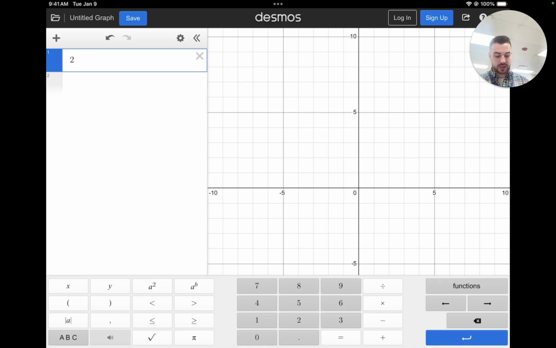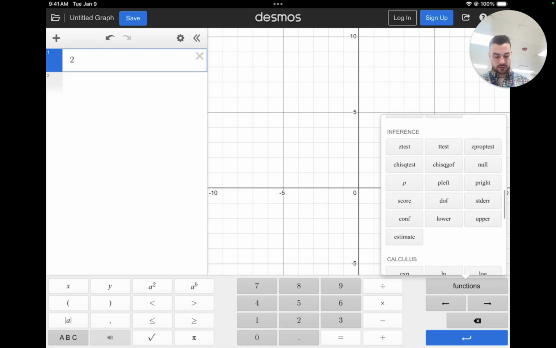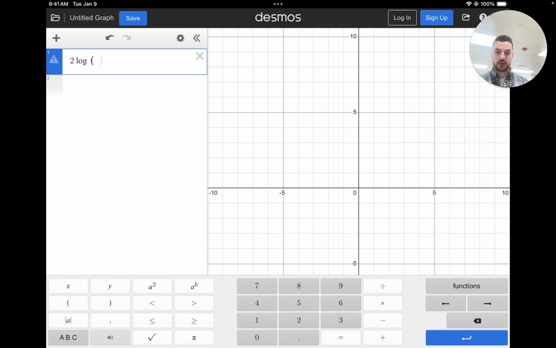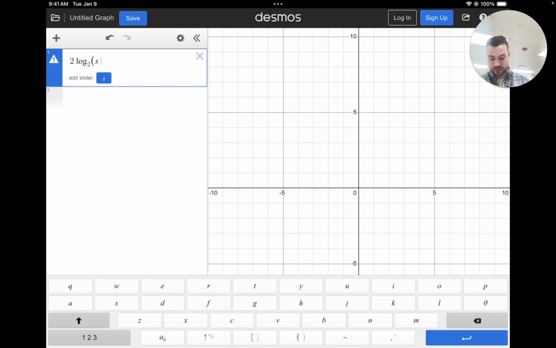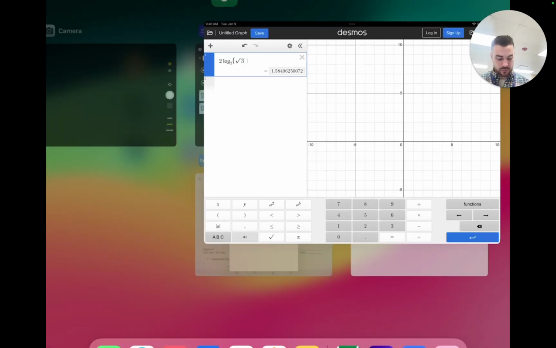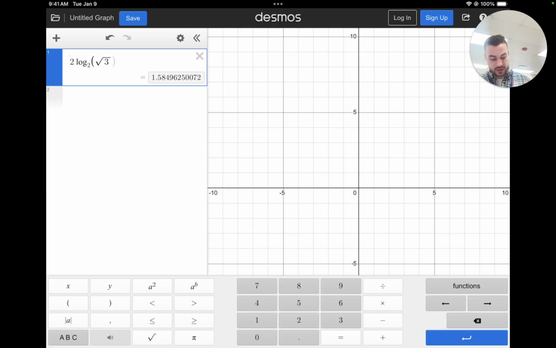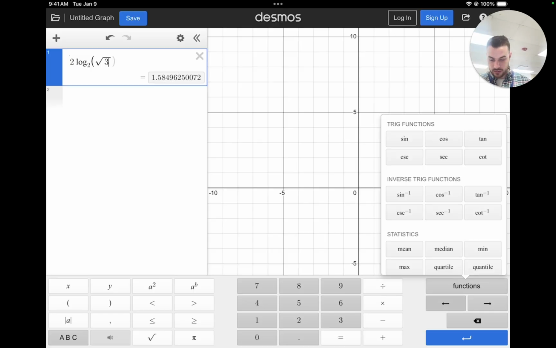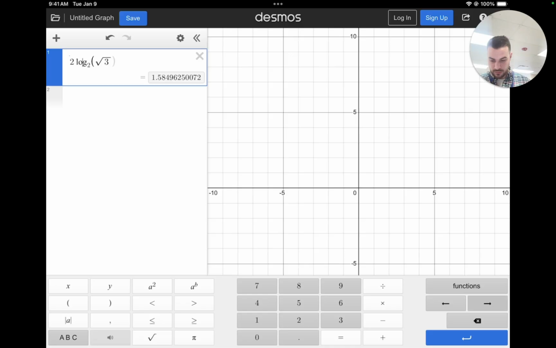We have 2 times log base 3 of square root 3.